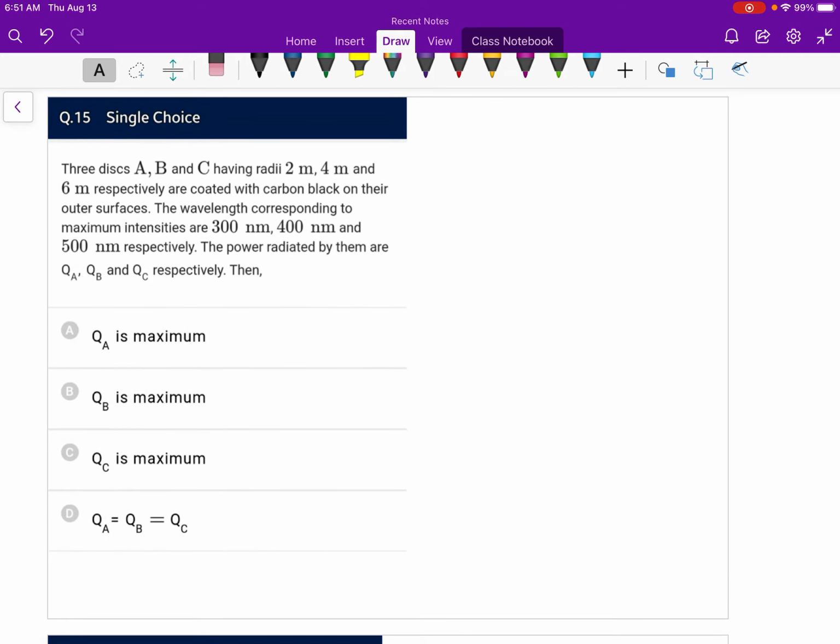Three discs have radius and wavelength given, made of black carbon, so they are black bodies. Emissivity is 1. Find the power radiated by them. So P is sigma area into T to the power 4. And from Wien's law, lambda m T equals constant. So T is proportional to 1 upon lambda m. So P is proportional to r square upon lambda m to the power 4.